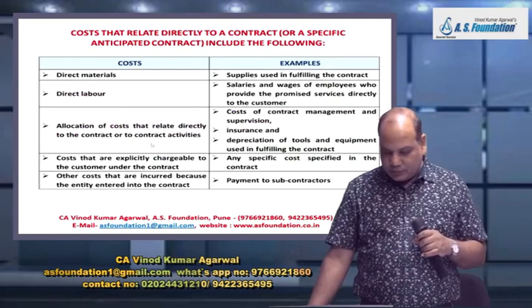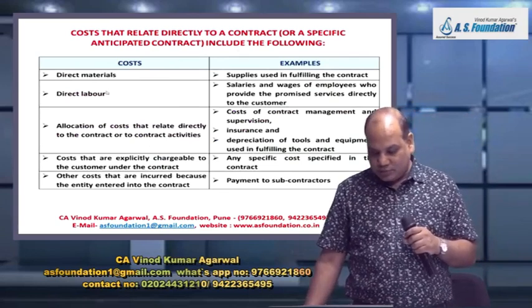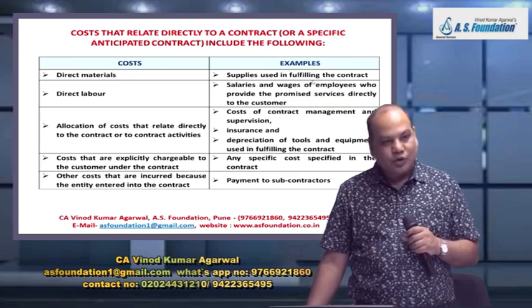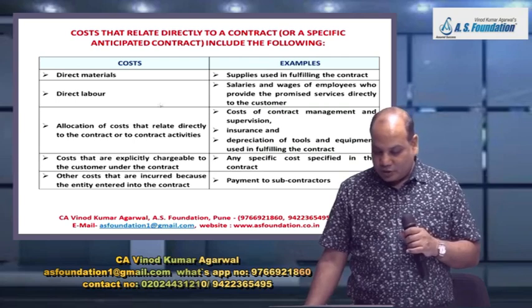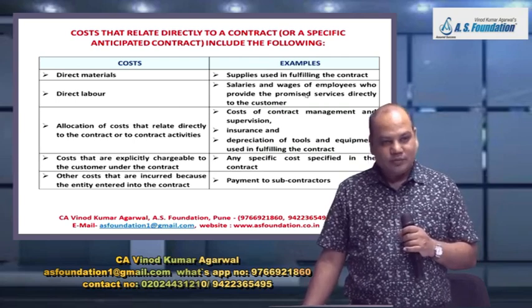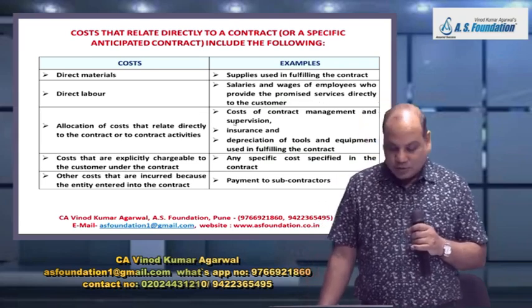Some examples of costs which are directly related to a contract. Direct material, for example supplies used in fulfilling the contract. Direct labor: salary and wages of employees who provide the promised services directly to the customer.